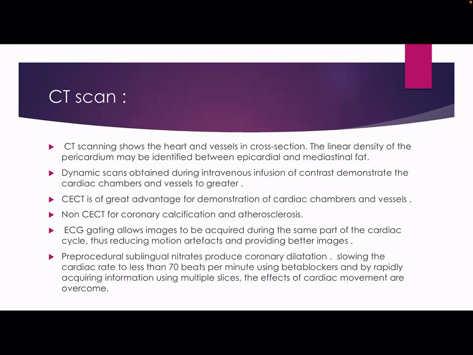Since the heart is a moving organ, to overcome motion artifact, an ECG gating technique is used along with a beta blocker to decrease the heart rate to less than 70 beats per minute. We also give sublingual nitrate to produce coronary dilatation.